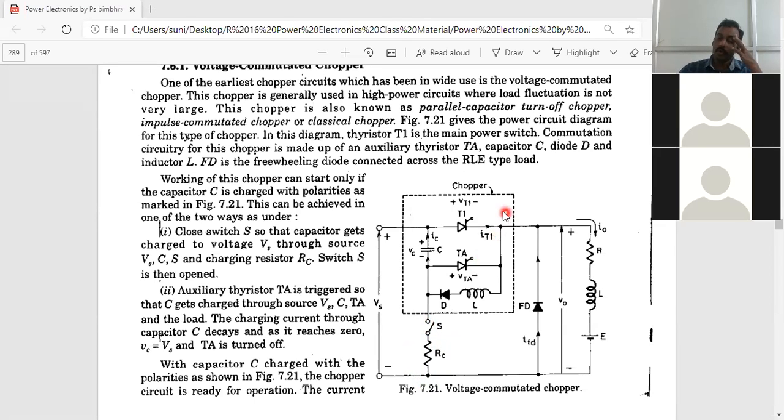Before the gate pulse is provided to this SCR, the switch is closed and the capacitor is charged to VC, with the upper plate positive and the lower plate negative. Then it is completely charged and holds the charge of VC with positive and negative polarities.